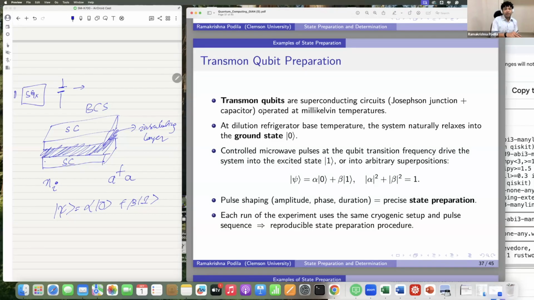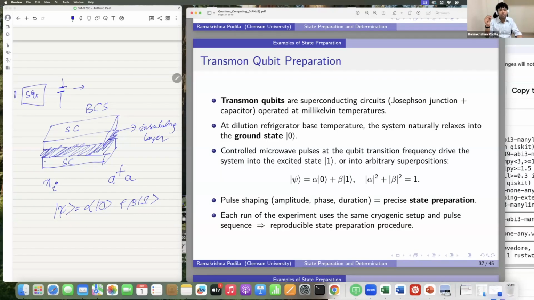The number of times I find a Cooper pair would be related to beta. The number of times I do not find the Cooper pair would be related to alpha, right? And by using a particular microwave pulse at a particular gigahertz frequency, I can set, or initialize, these states.